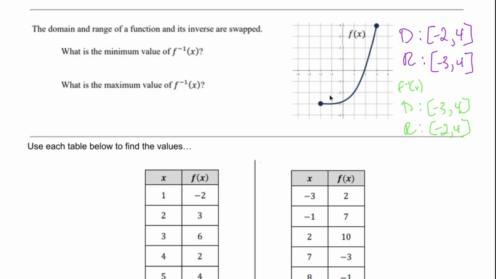So if we look at a couple key points and do the flippy-floppy thing again, (-2, -3), its inverse is going to be (-3, -2). Here's a good point that we could use. (1, -2) is going to be (-2, 1). What else? (2, 0) can be (0, 2). And then (3, 4) can be (4, 3).